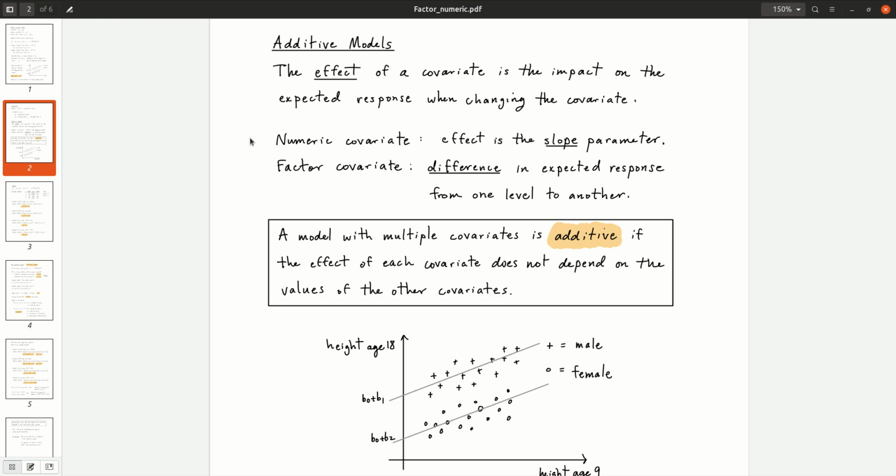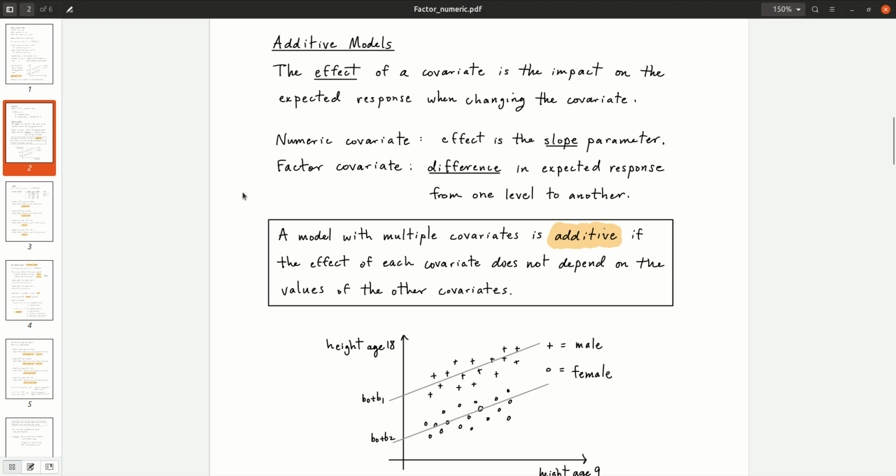That's kind of straightforward to understand: when you have a numeric covariate and you change it, you expect the response to change according to the slope, the number that multiplies that numeric covariate. For a factor covariate, it's slightly different. We think of the effect of a factor covariate as the difference in expected response from one level to another.